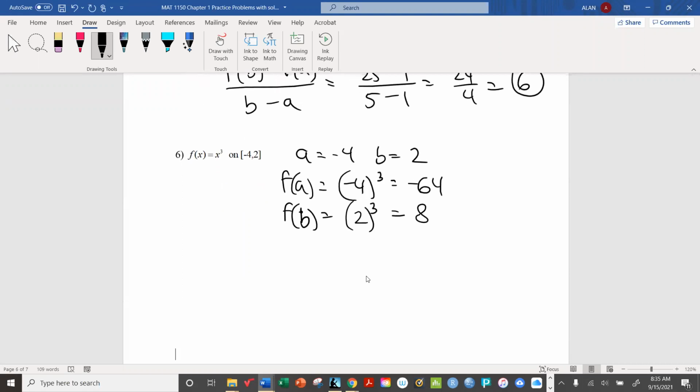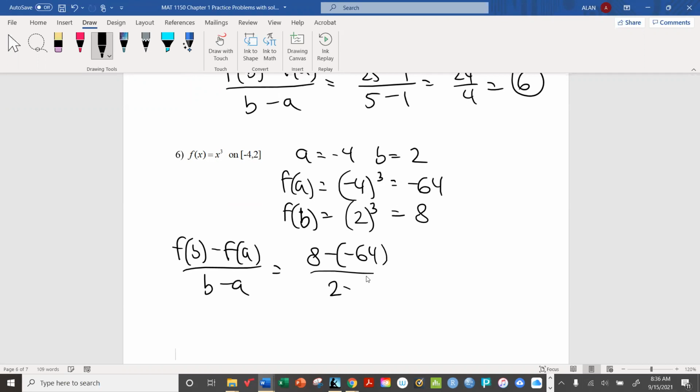So therefore we have 8 minus -64 over 2 minus -4, 72 over 6, which is 12.